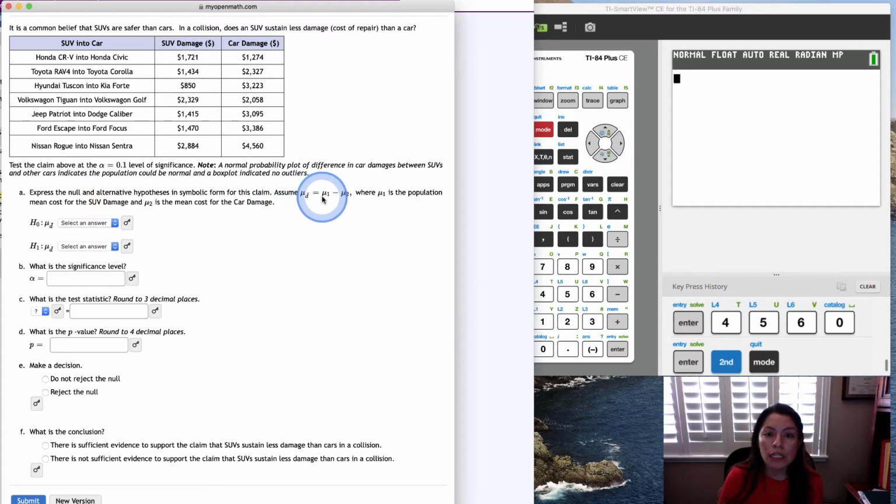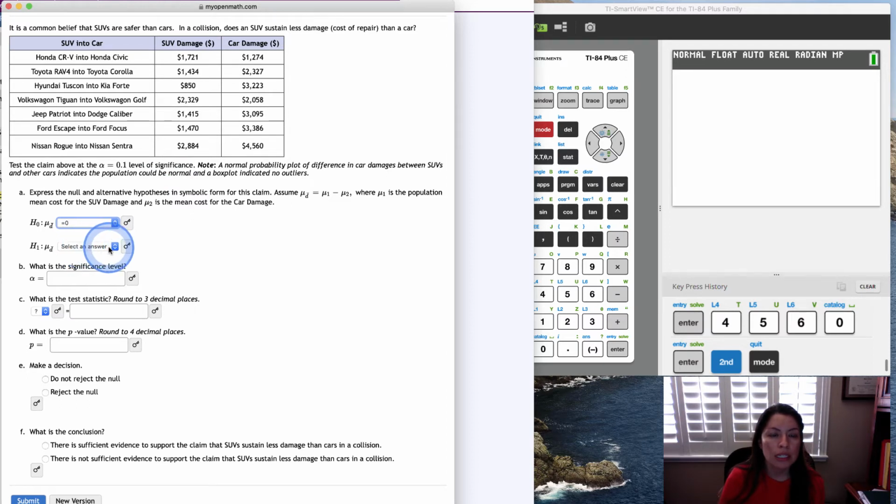Because we're dealing with the difference, we're going to subtract mu sub 2 from mu sub 1. That means mu sub 1 will represent the SUV and mu sub 2 will be the car. So right away we know that either there is no difference, or there's going to be a difference, and in fact the SUV will have a lower cost of repair than a regular car.